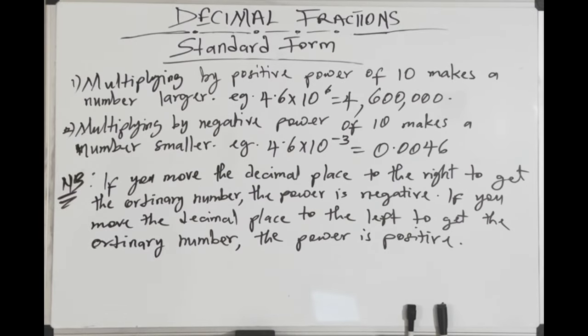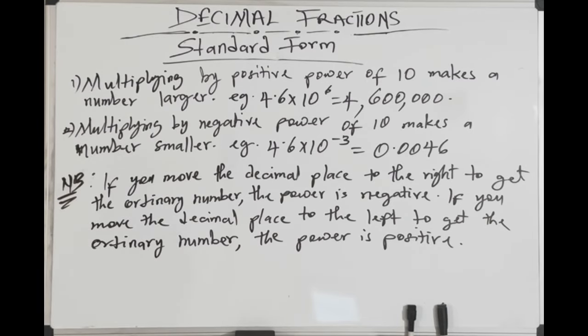Let's also note this. If we move the decimal place to the right to get the ordinary number, the power is negative. And whenever we move the decimal place to the left to get an ordinary number, that power will be positive.